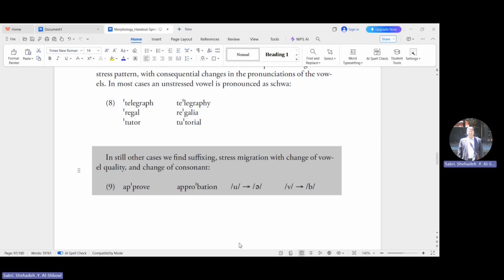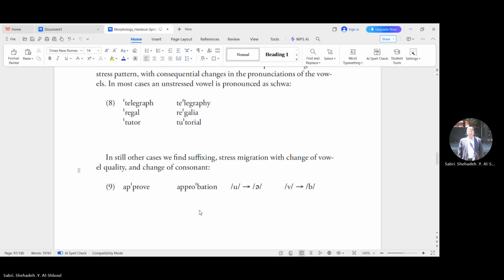Now let's move to another example of phonologically or morphologically motivated phonology. In still other cases, we find suffixation with stress migration, change of vowel quality and change of consonant. So we have approve, with different processes.